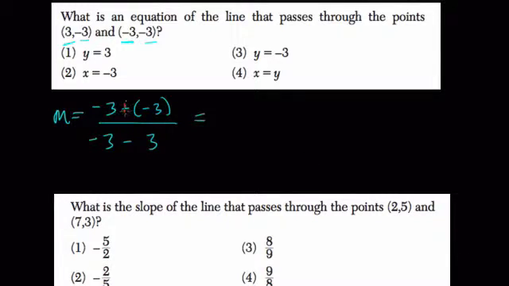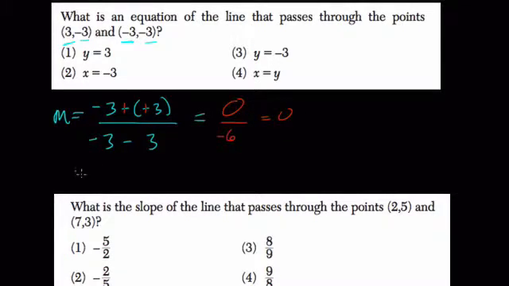Well, we subtract the negative, so we add. Negative 3 plus 3 is 0, right? 0 over anything except 0 is going to be 0. Negative 3 minus 3 is negative 6. 0 over negative 6 is 0.